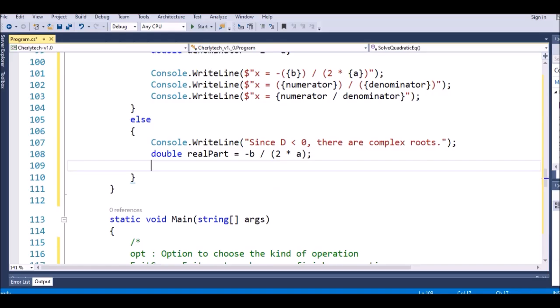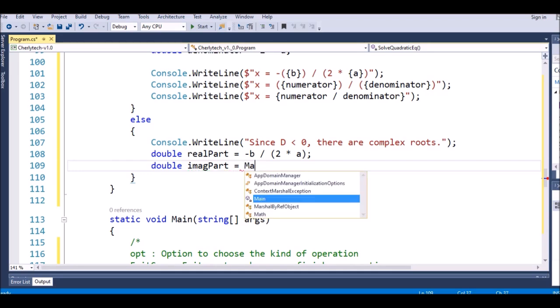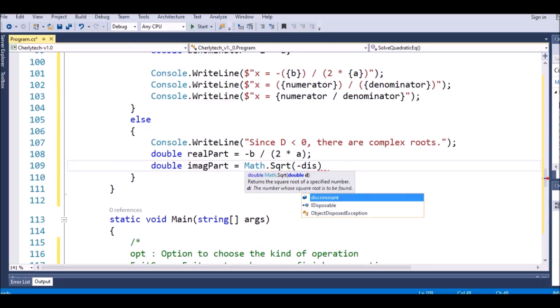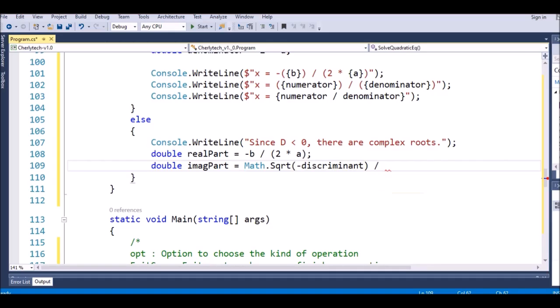Okay, so next we say double imaginary part equal Math dot square root of minus discriminant, and divide by 2 multiply a, like this.